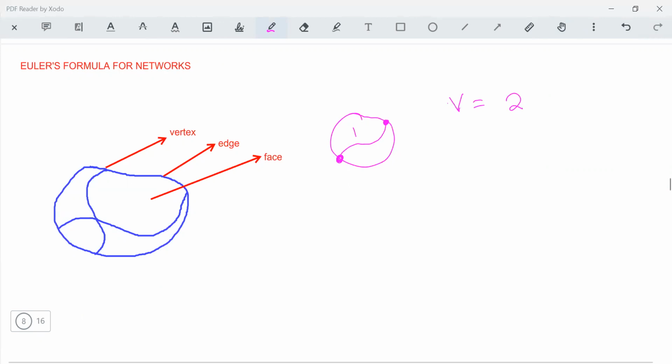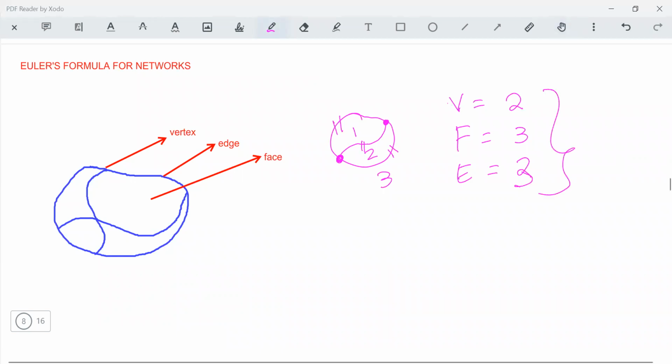And these things, we shall call them faces, 1, 2, and outside is a 3rd face. Face is 3. Edges will be these things here on the outside, 1, 2 edges. Well, no, sorry, there's a 3rd edge here. There's 3 edges.